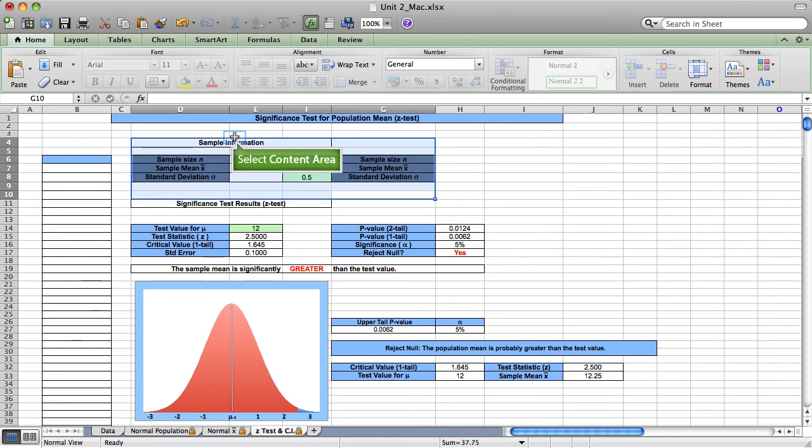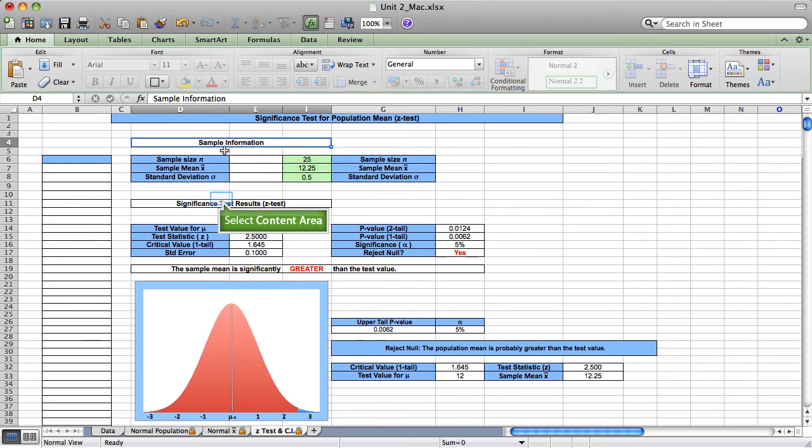Now, after we've input our sample information, we can come down here to the significance test. The only thing that we need to input additionally would be the value for our null hypothesis. In other words, we are assuming that mu equals what? And the example problem told us that we're supposed to be filling the containers to 12 ounces.